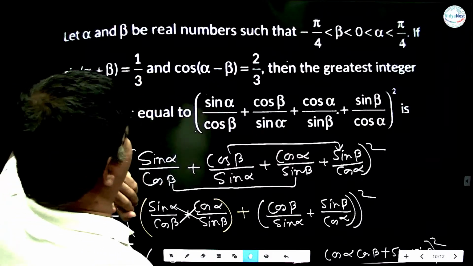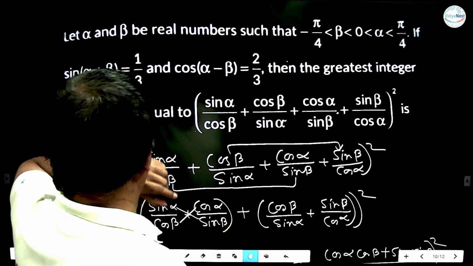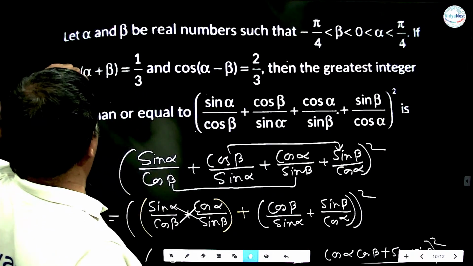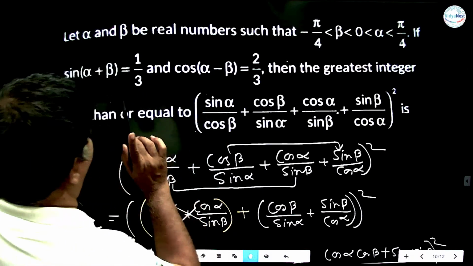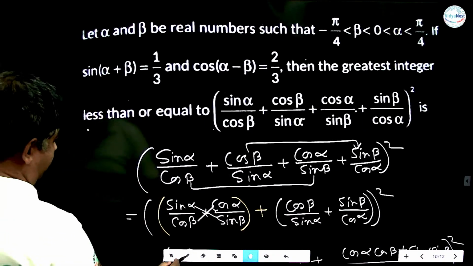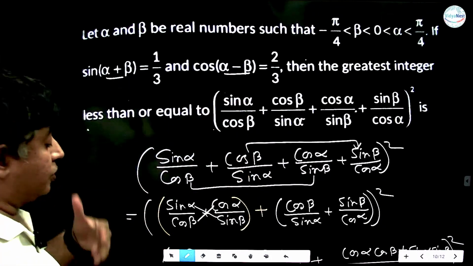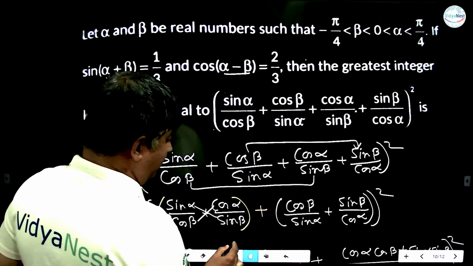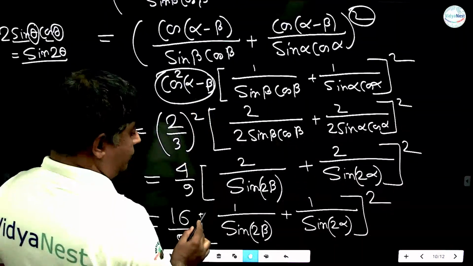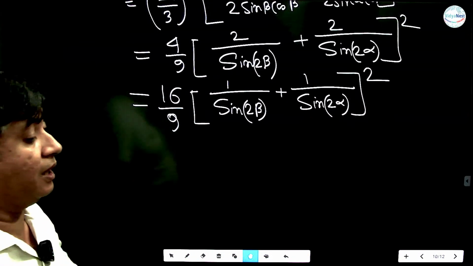Sin alpha plus beta is given, cos alpha minus beta is given. So both terms exist, alpha plus beta and alpha minus beta, both. So the denominator's angle is to be expressed in terms of both alpha plus beta and alpha minus beta.